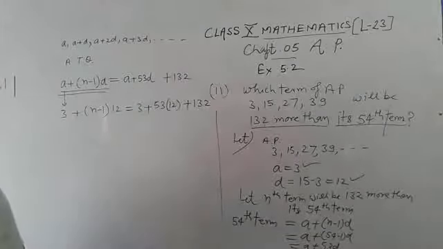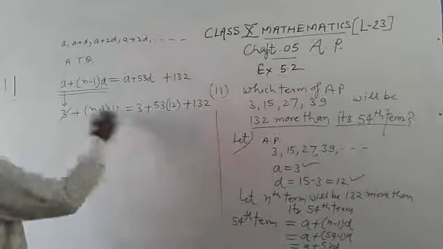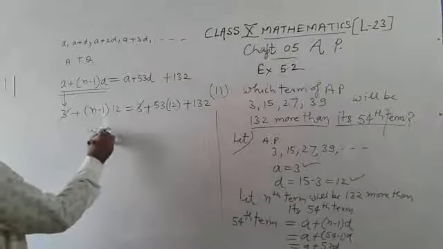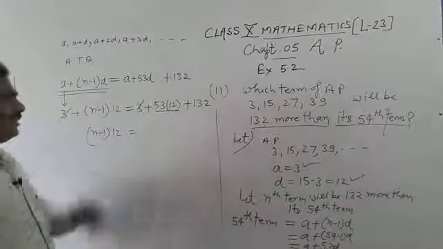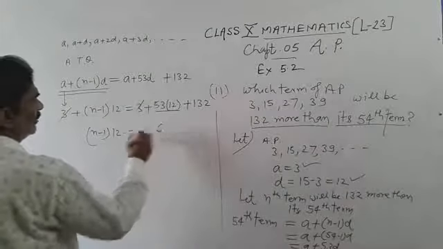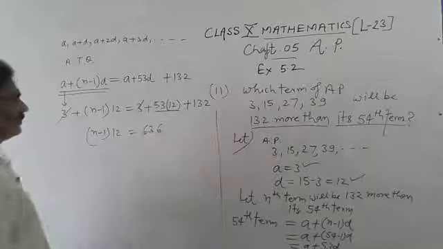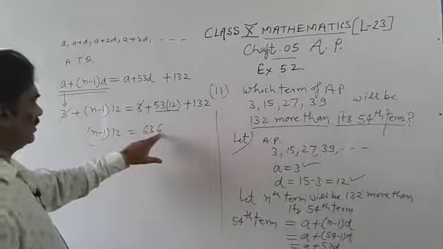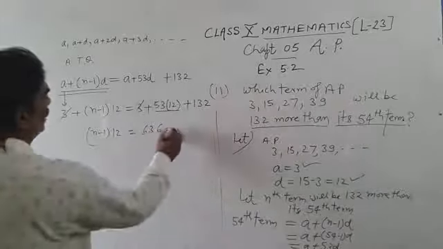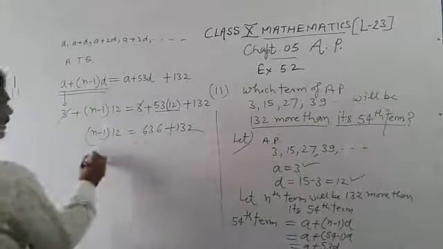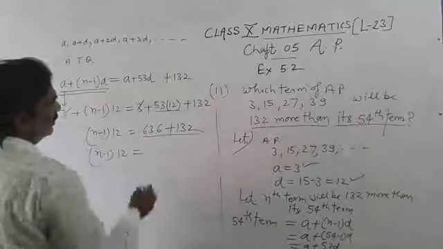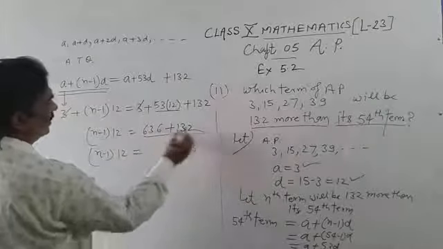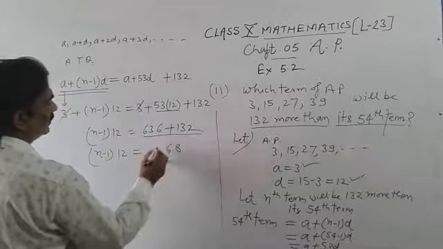Both are possible. So 3 cancels out. Now n minus 1 into 12 is equal to 53 times 12, that is 636, plus 132.